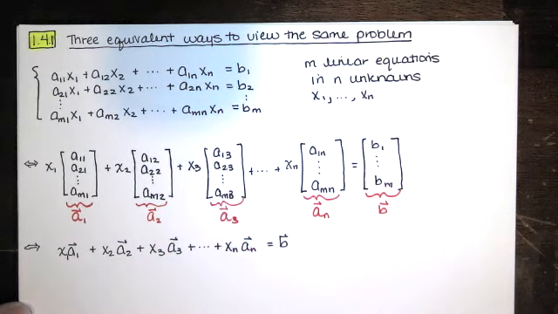The unknowns here are x sub 1 through x sub n, and we see that we have a linear combination of vectors. This is a constant times a vector plus a different constant times a vector.